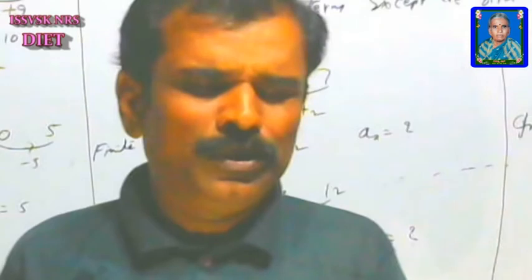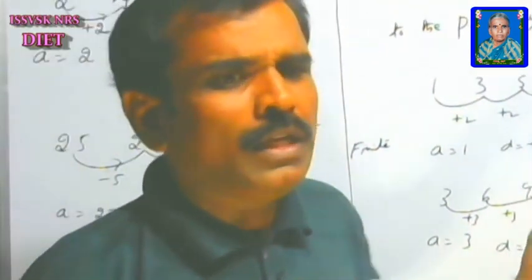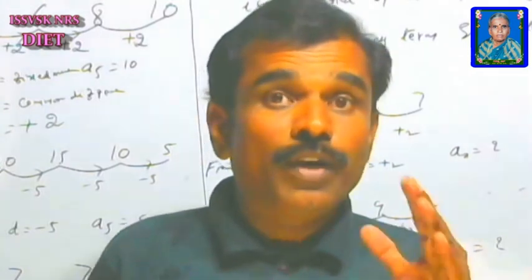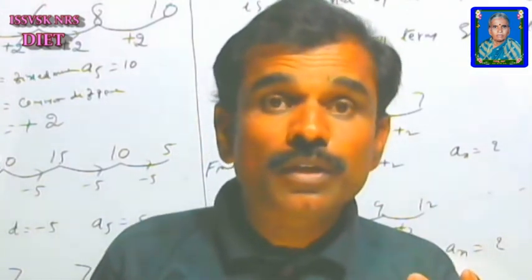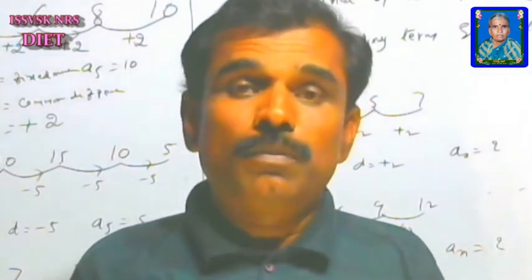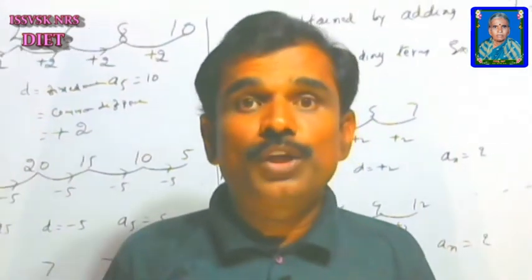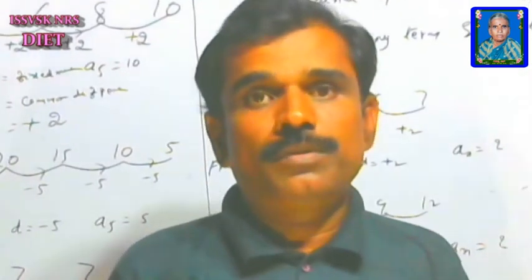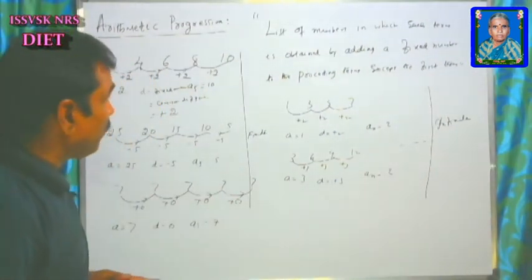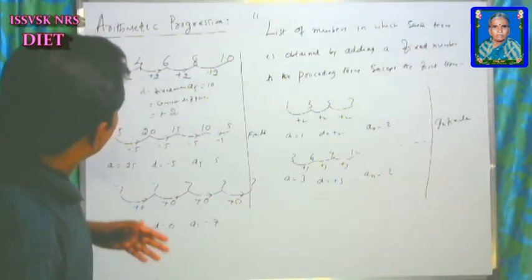Those arithmetic progressions having an infinite number of terms, here you see this contains an infinite number of terms, and this also, are called infinite arithmetic progressions. In the examination, they can ask one simple question: differentiate finite and infinite arithmetic progressions. Finite arithmetic progressions have a last term, whereas infinite arithmetic progressions do not have a last term.